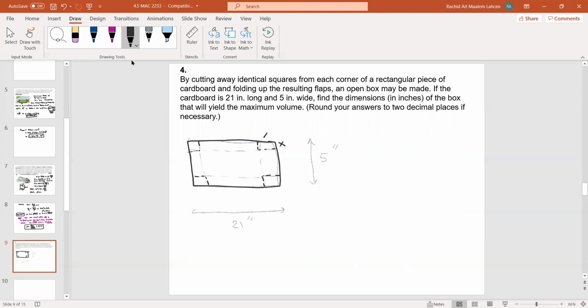If you do X here, that's X there, X here, X, X. It's going to be the same thing, such that when you fold this to have a box, let's draw a box here.